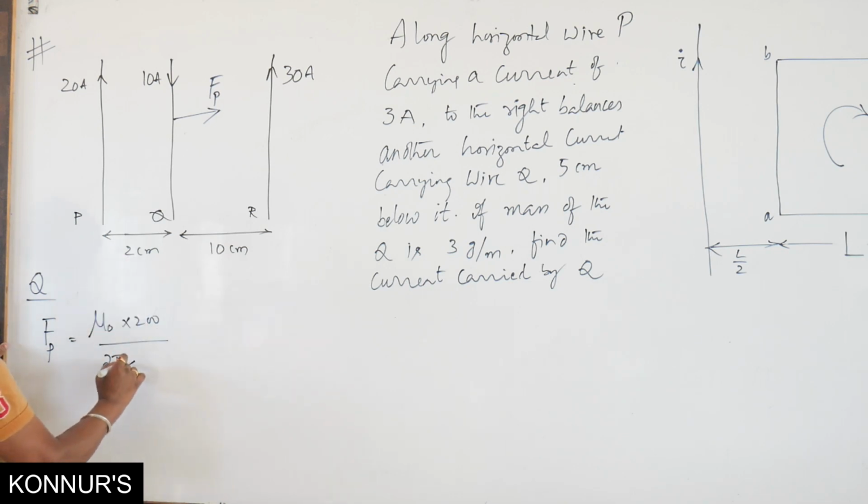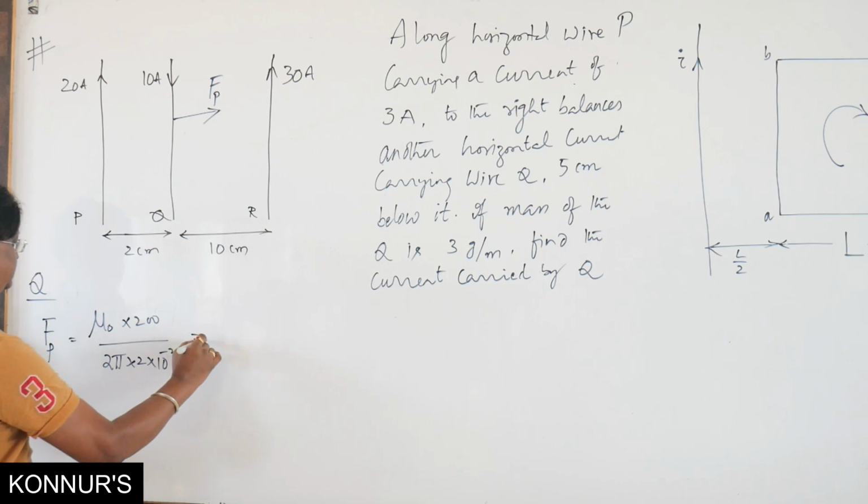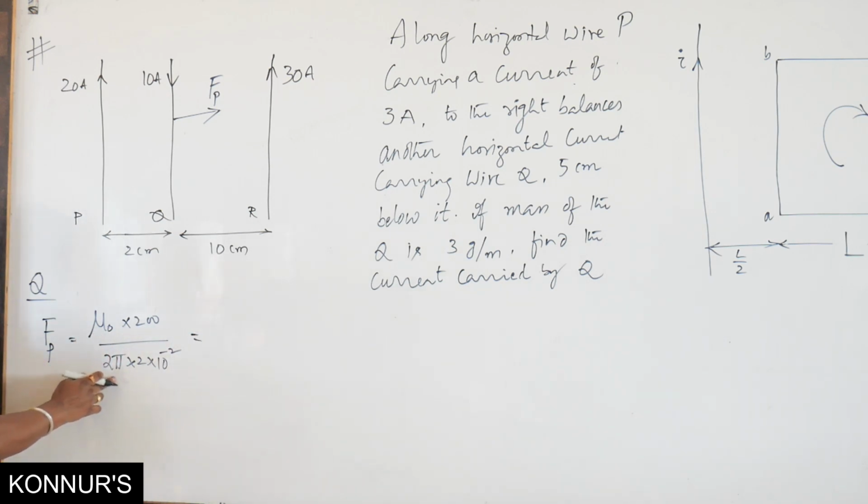R is going to be 2 centimeter. This value, mu naught by 2 pi, is 4 pi into 10 to the power minus 7 by 2 pi, right? Then it is 2 into 2, 4, gone. So it is 10 power minus 7 and this is minus 2.